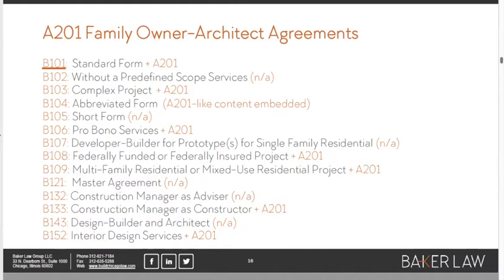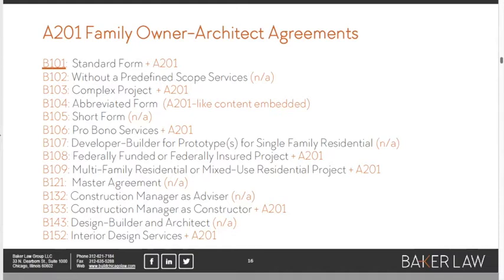On the B103, on a complex project, the agreement between the owner and the architect, you bet the A201 general conditions matters. But there's a B104 abbreviated owner-architect agreement that doesn't use the A201, but it has embedded within it a lot of the verbatim language that the A201 general conditions has.